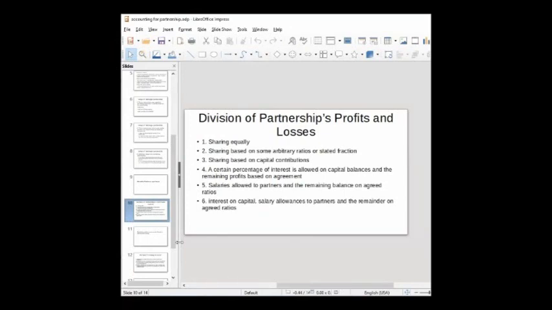And even the interest on capital, salary allowances to partners, and the remainder on agreed ratio. So after deducting all these provisions like interest, salaries, and bonus, the remaining will be distributed depending on their agreement.